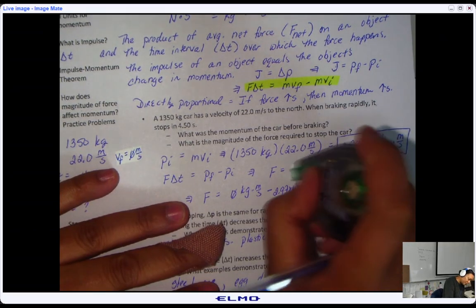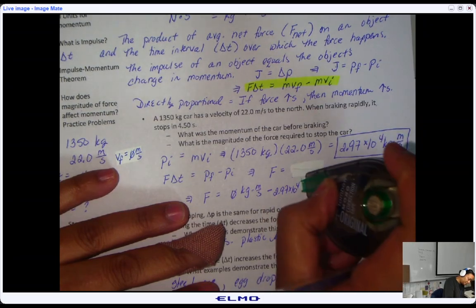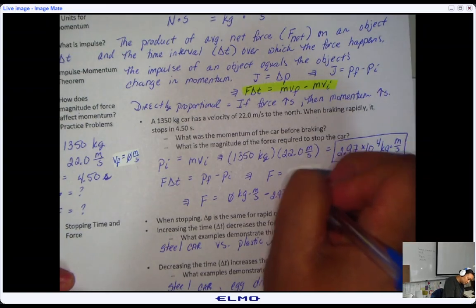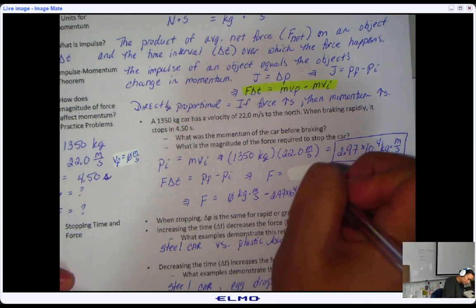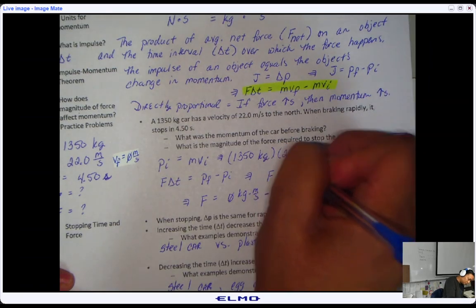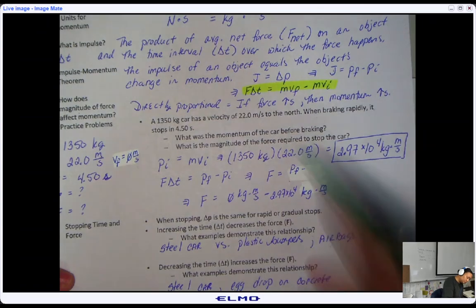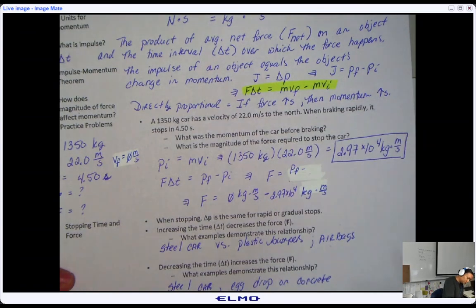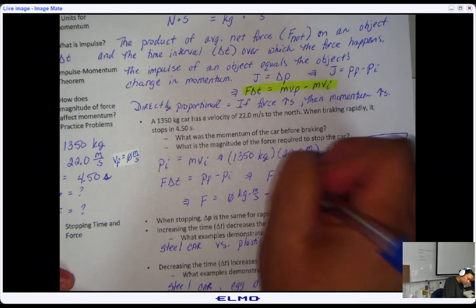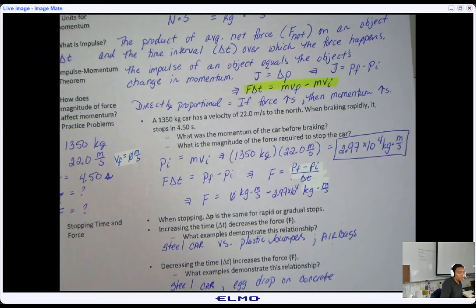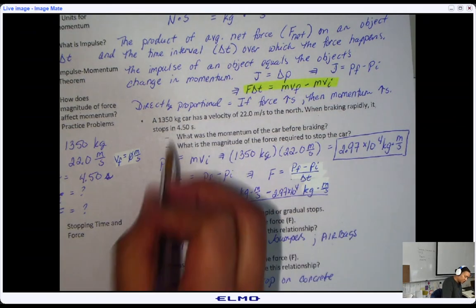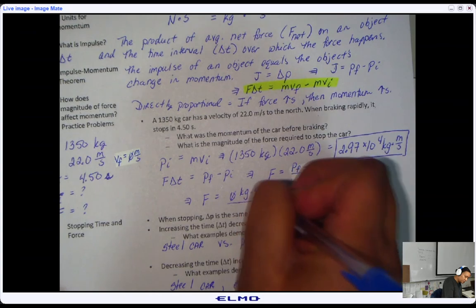I'm going to just move this up a little bit so it's out of the way. All right, and then this was all going to be over your change in time, which is 4.50 seconds.